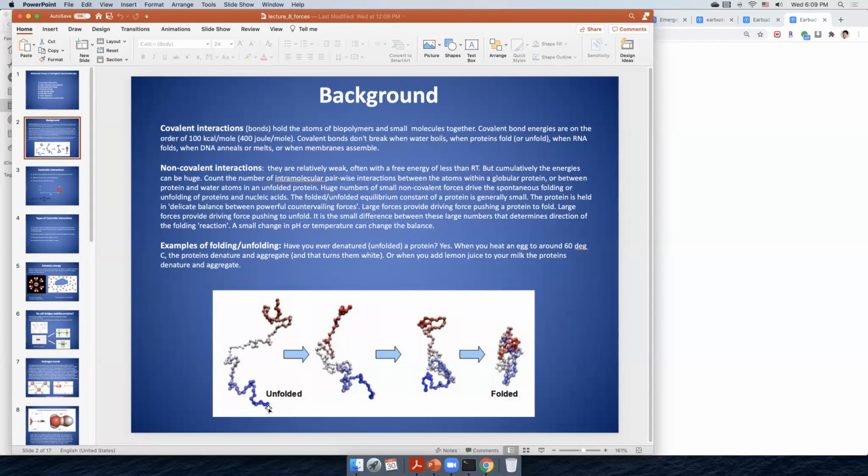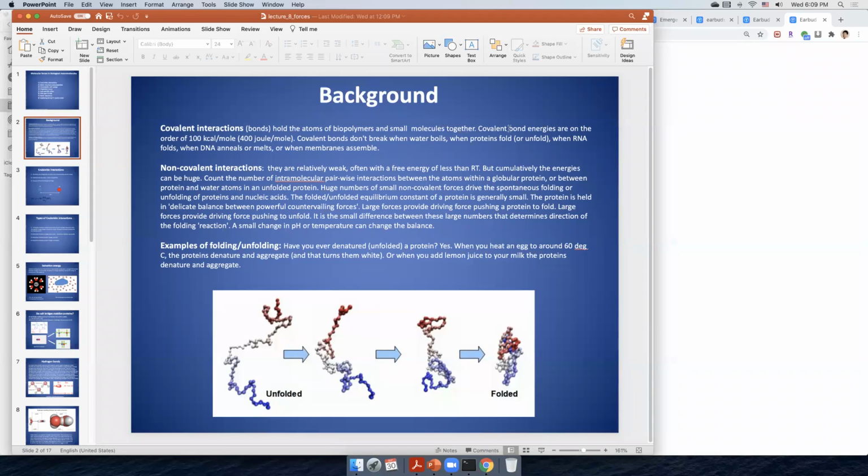Let's say in this model, each bead or sphere represents an amino acid. Those amino acids are connected by chemical bonds, or covalent bonds. Such a bond is very stable.